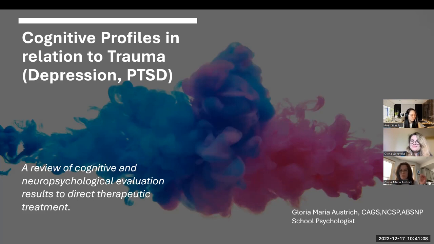So it's basically what is entailed in this evaluation, what each area purports to measure, and how we can use all of this information to gain a really good picture and understanding of a child or an adolescent or an adult, to then better direct what our treatment should be and how to formulate it based on their profiles of strengths and weaknesses.